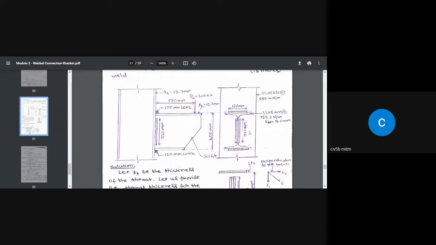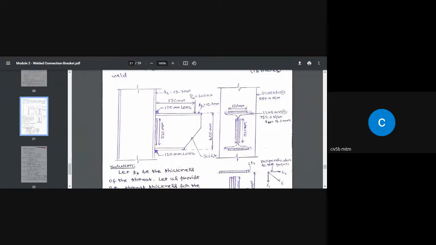Are you getting it? So 9.1 millimeter is the smaller thickness, and 13.7 millimeter is the thicker plate thickness. Again, if you go back to the code book and go to the table, it says thickness of thicker part. That means we have to go for the second line.